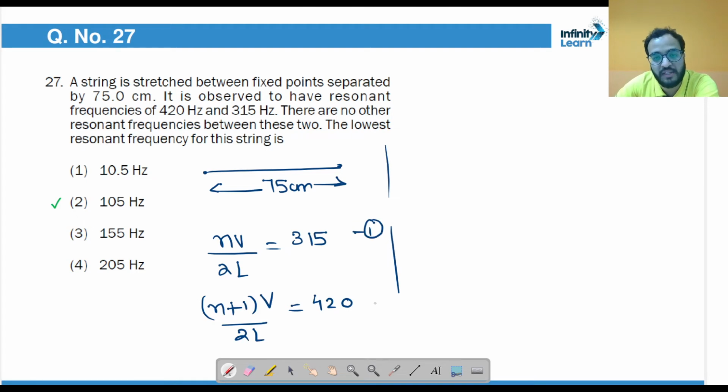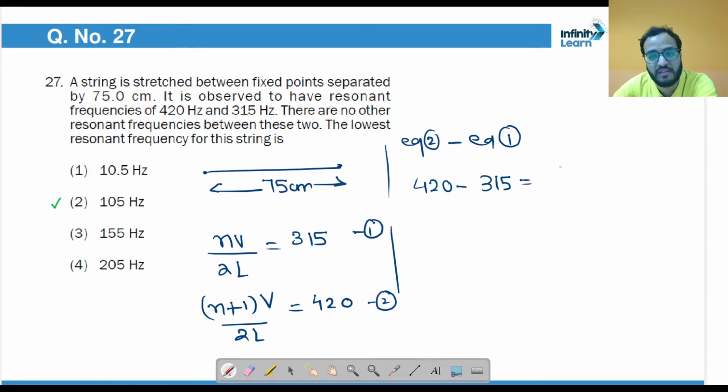If this is equation 1 and this is equation 2, and you do equation 2 minus equation 1, then it will be 420 minus 315, which is V by 2L, which is actually nothing but the fundamental frequency, that is 105 hertz.